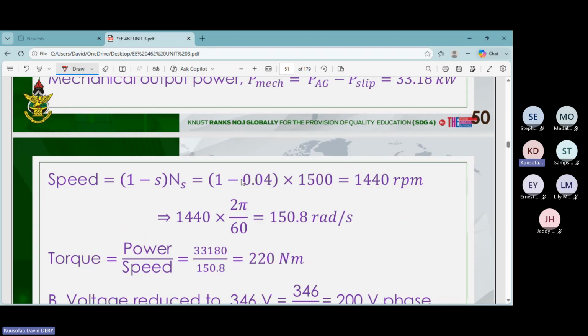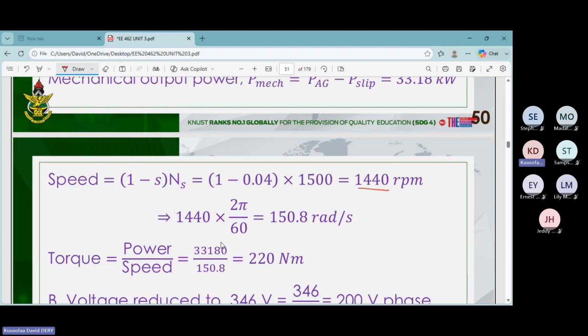So the speed is given here. It's given as 1 minus S times the synchronous speed. That is what you will use, and this is in RPM. Convert it to rad per second, and divide the mechanical output power by the speed to get the torque.